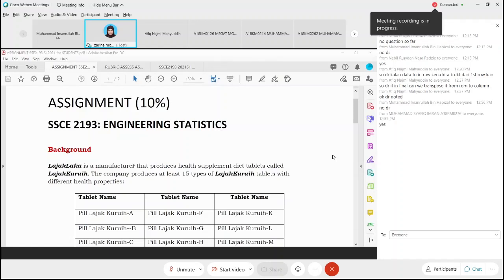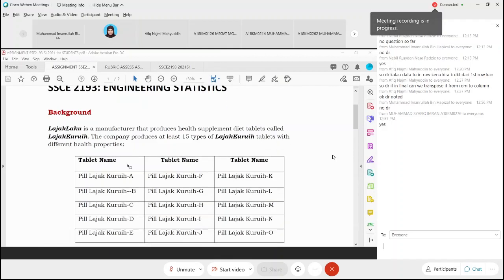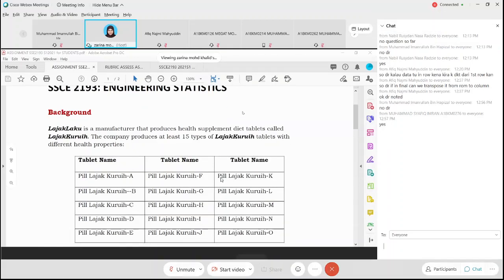So the assignment brief. If you look at your e-learning, you have the groups. The groups are already divided.